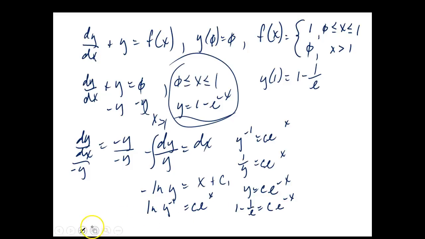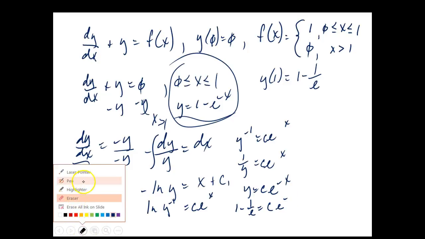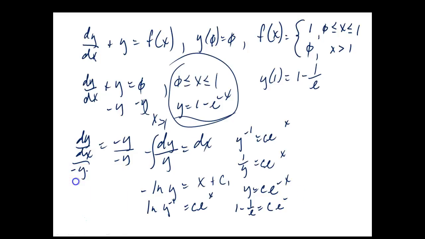Okay, wait, sorry. c e to the minus 1, okay. Which would then be 1 minus 1 over e is equal to c over e.